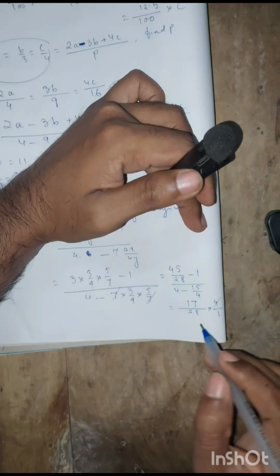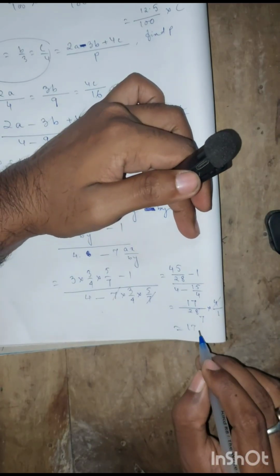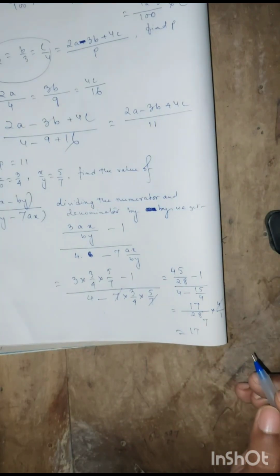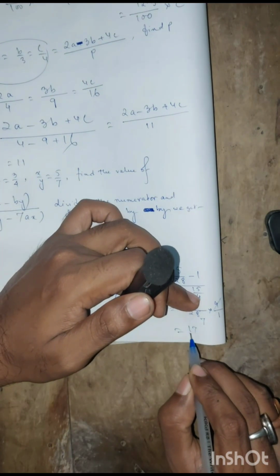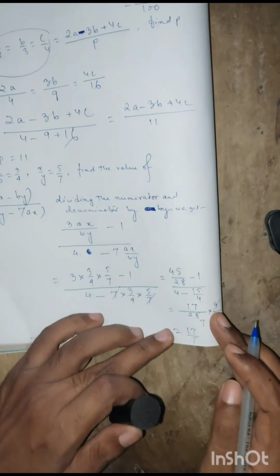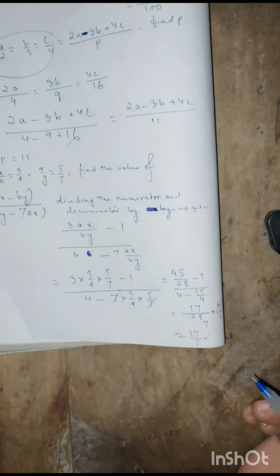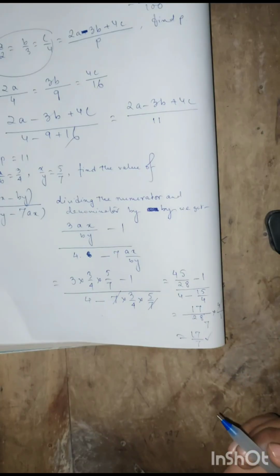So this is 17 by 7. This is what we are getting. So this is our answer.